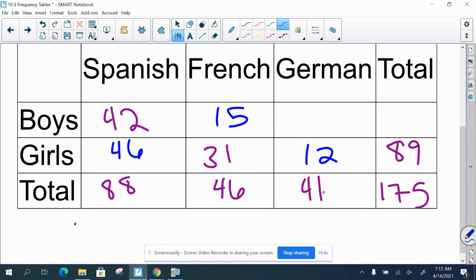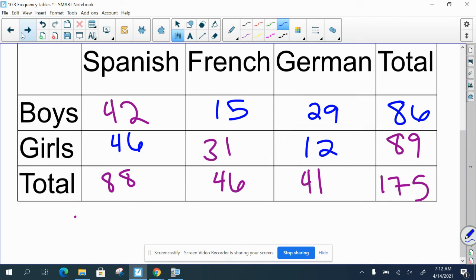And then 41 minus 12 is 29. And then you could do 42 plus 15 is 57, plus 29 is 86. So that's how you would fill in the table.